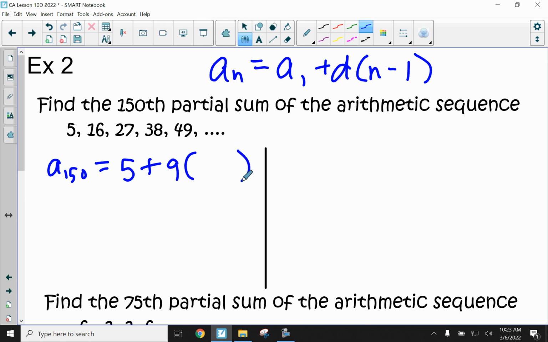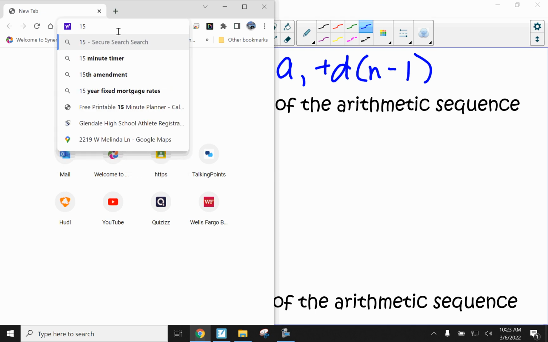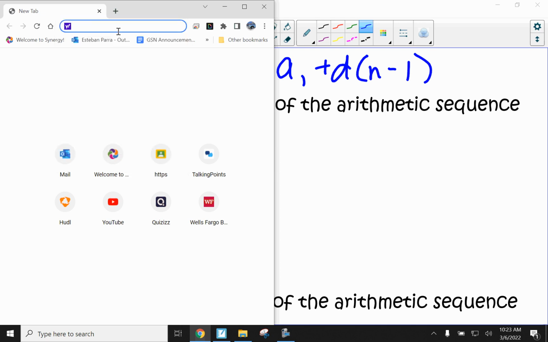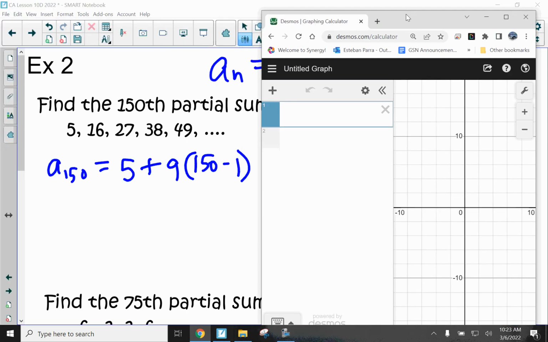And then I would have 150 minus 1. When you do this at home, you don't have to have a Casio calculator. You can just go into Desmos and type it in. I'm going to do that real quick just to show you. You would just put in 5 plus 9, parentheses, 150 minus 1.